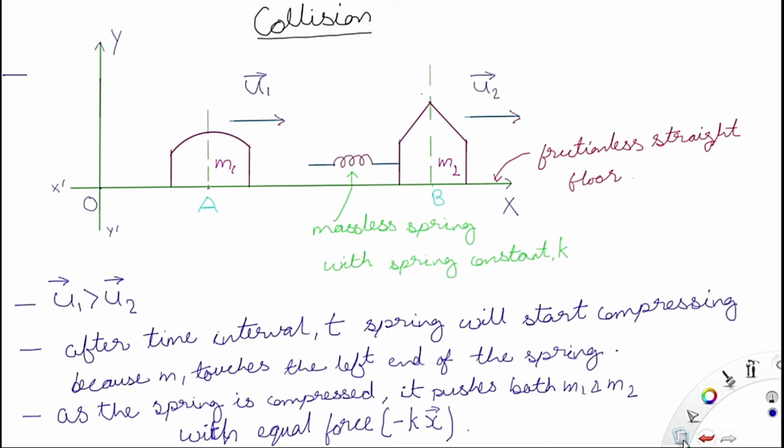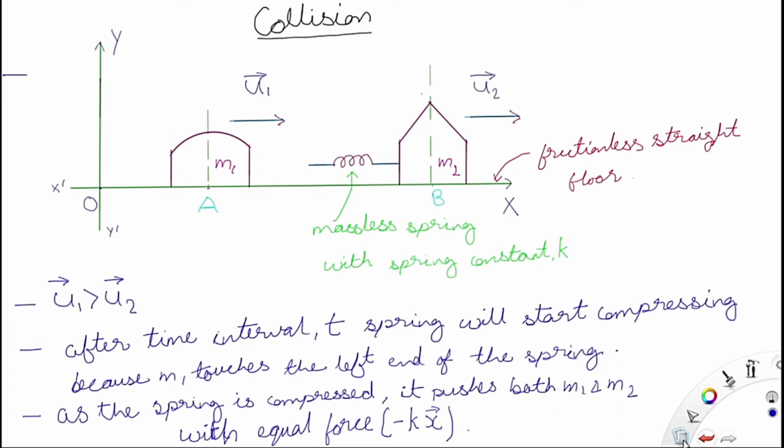But since a spring is attached to the mass m2, the mass m1 will touch the spring on the left side. So after a time interval of t, the spring will start compressing because m1 will touch the left end of the spring, and afterwards it will keep on undergoing compression.